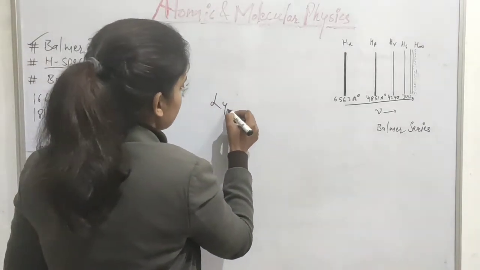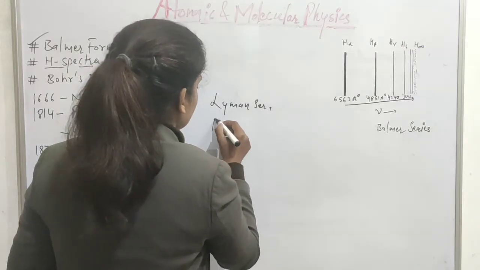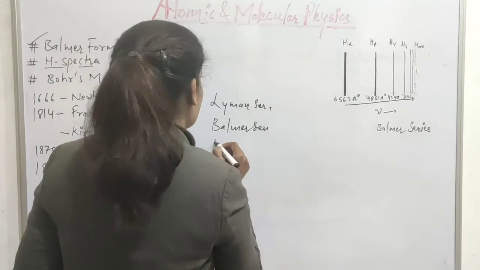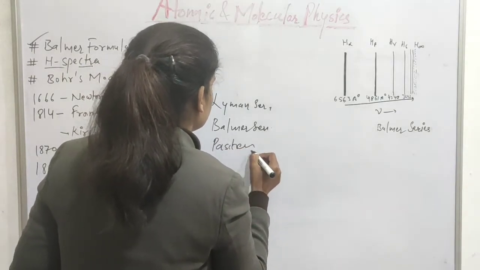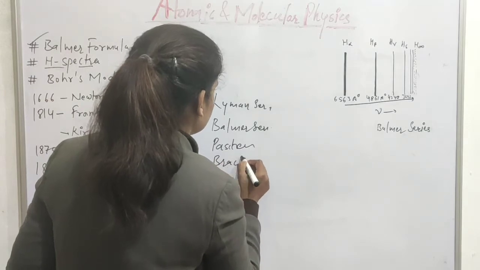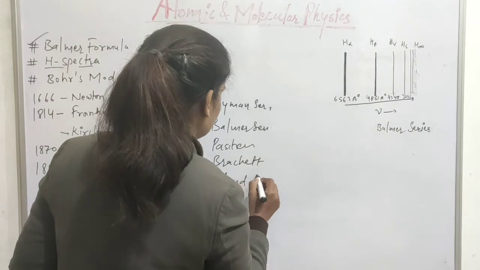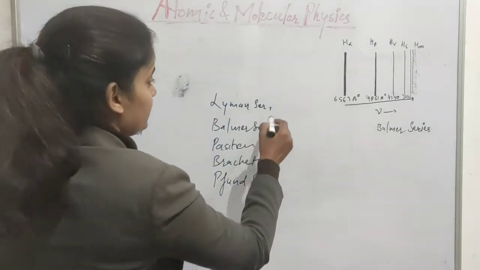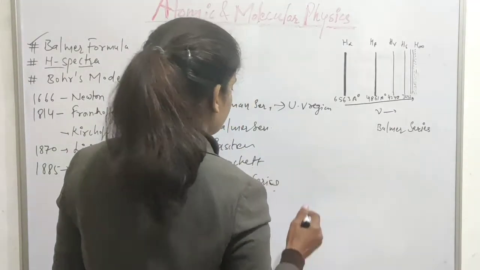You know that the first series is the Lyman series, next is the Balmer series, Paschen, Brackett, and Pfund series. You know that Lyman comes under the UV region of the electromagnetic spectrum.